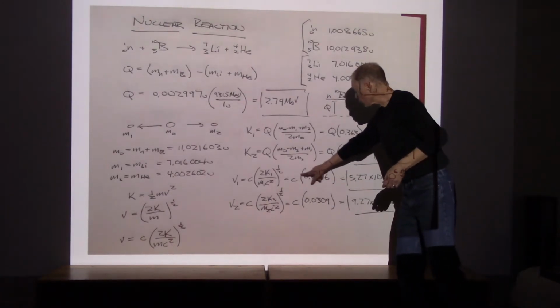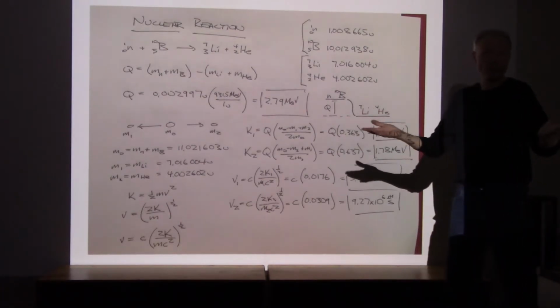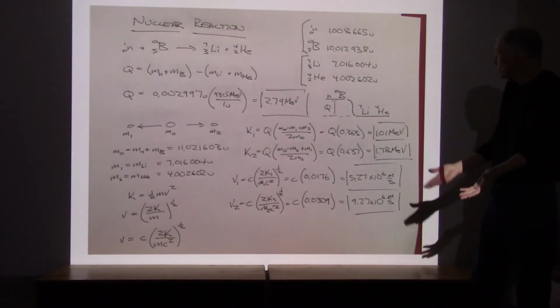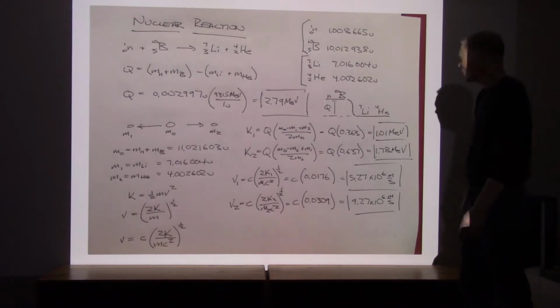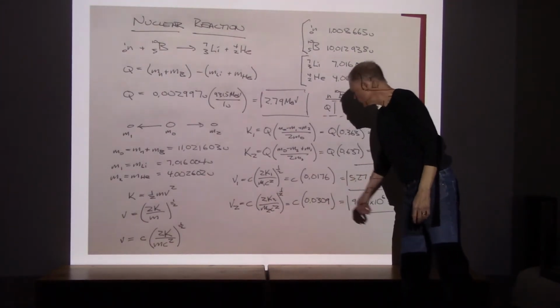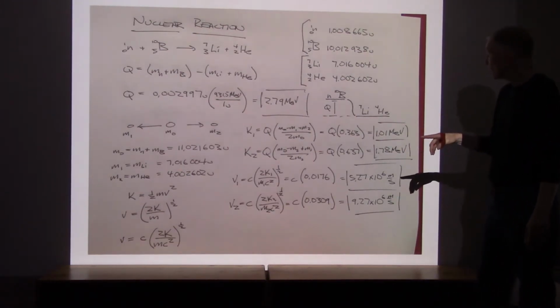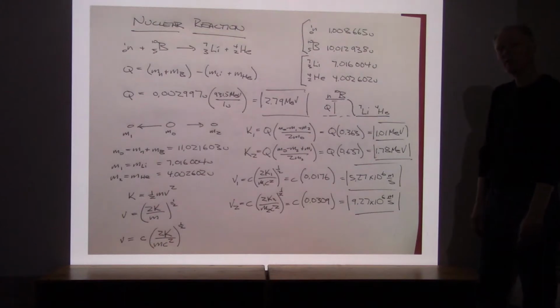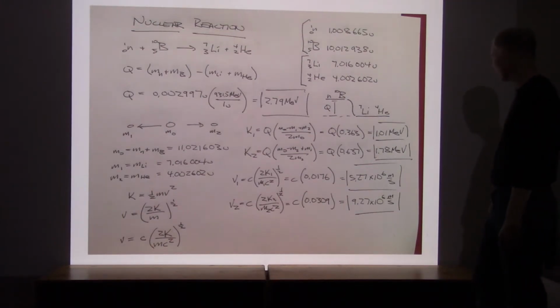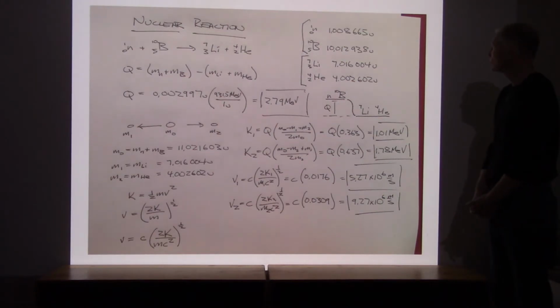And again, you can look over here with the factor of c attached and go, what is it relative to the speed of light? Well, it's 1.76%. Now that was the lithium. For the helium, we do the same calculation and find out the helium's going even faster at about 3% of the speed of light, or about 9 million meters per second.